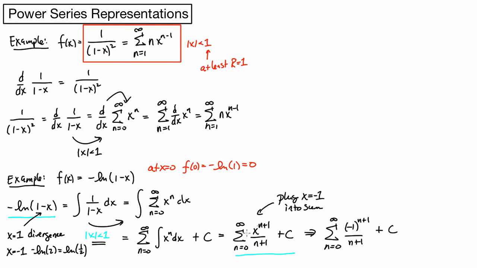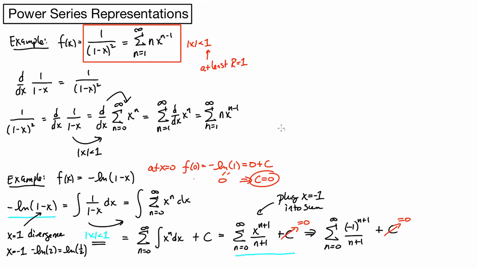And our power series representation at 0 is, if x is 0, this is gone, and you have 0 plus c. So my power series is equal to 0 plus c. If that's going to be equal to natural log of 1, which is 0, then that implies that c has to be 0.